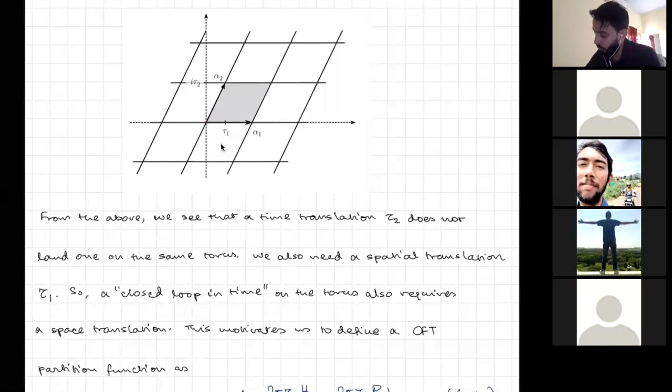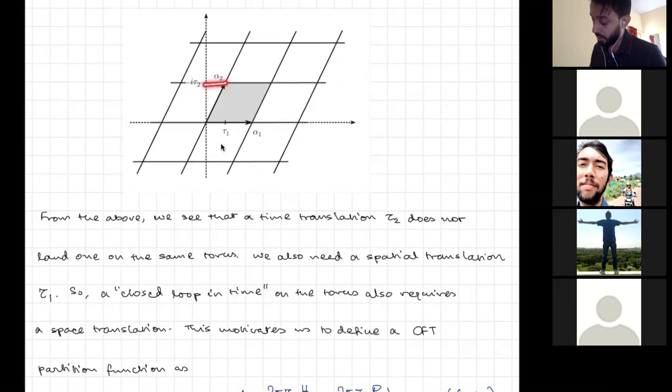Now remember, if you were to go from something here to something here, this particular time translation will not land you on the same torus. In order to do that, you also have to move this way a bit.